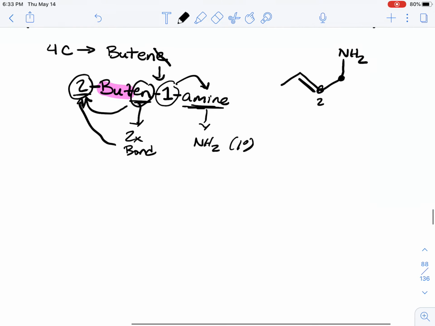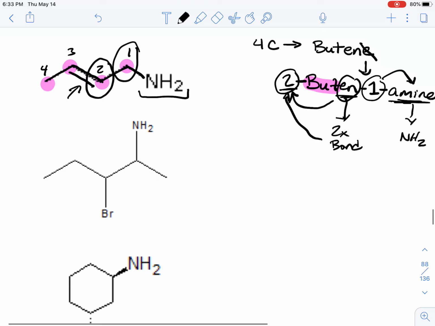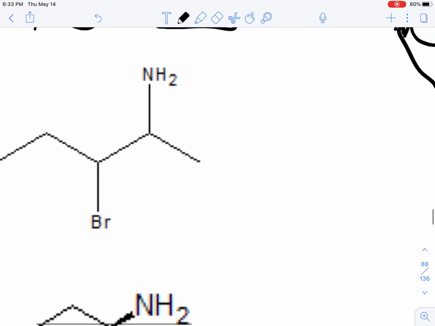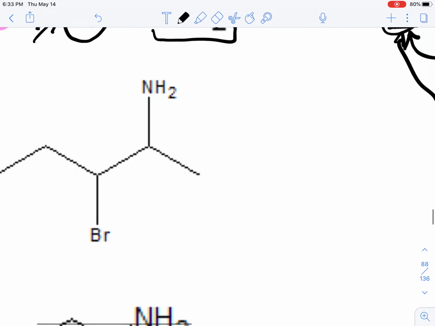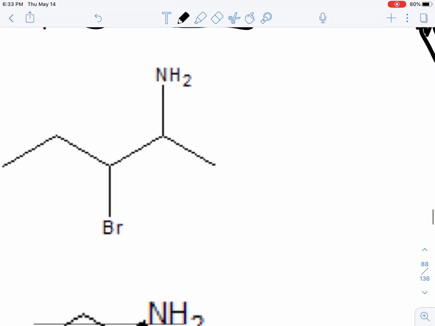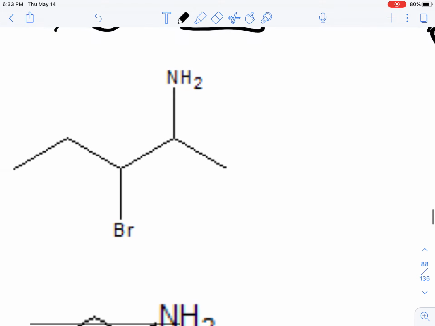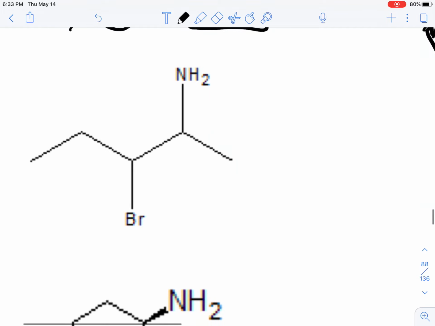Okay. All right. So let's go ahead and look at another one. Let's say that we have 2 double bonds. Let's go crazy, right? And so here in this case, I have 1, 2, 3, 4.